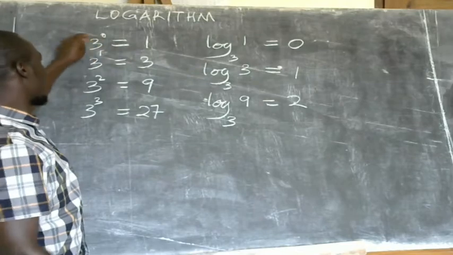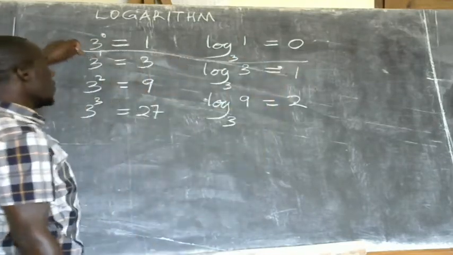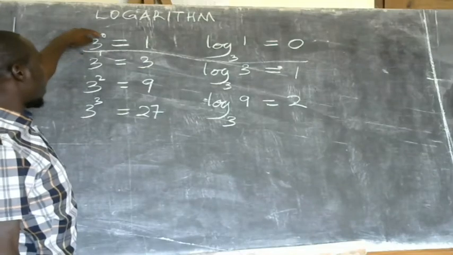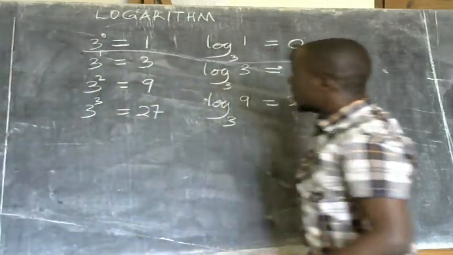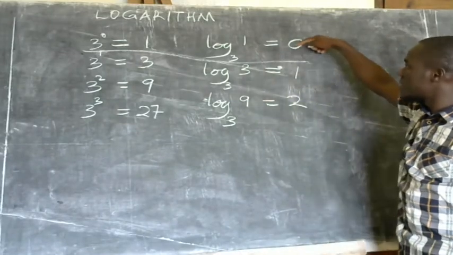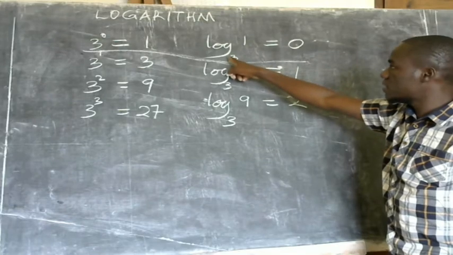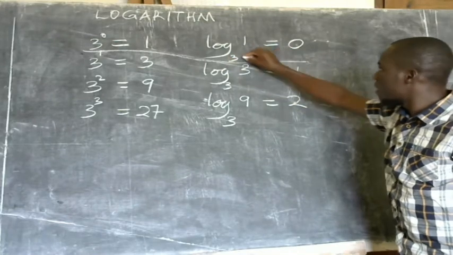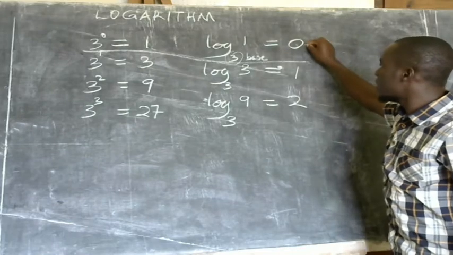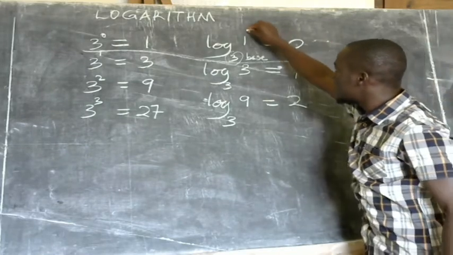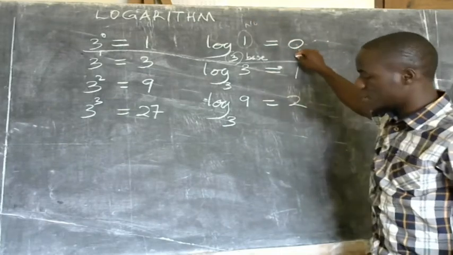When you try to look at this one here, my power, the 0, becomes now my log of the number, which is 1, and the base is 3. So the 3 in this case is going to be the base. This one is the answer, and this is the number we talk about. Log of a number is the power of the base.